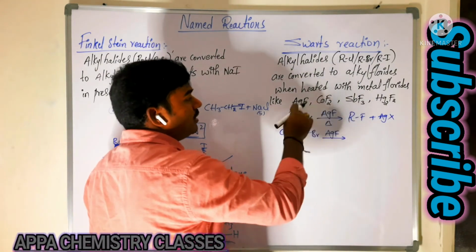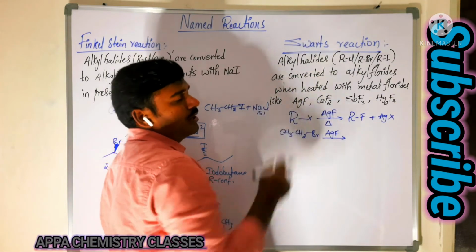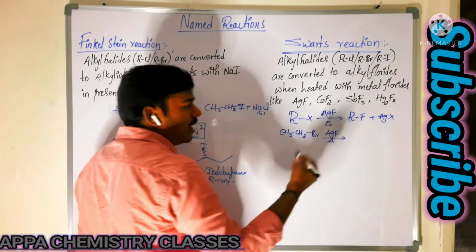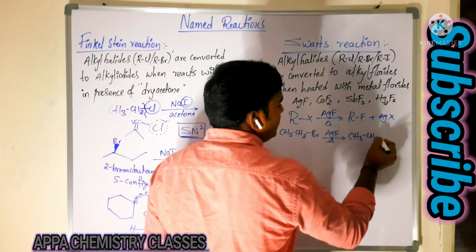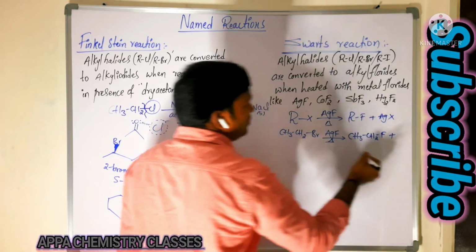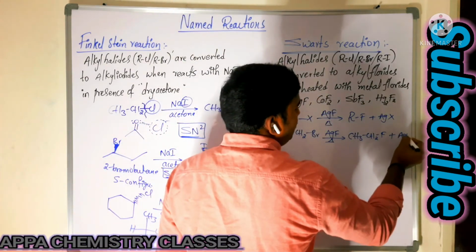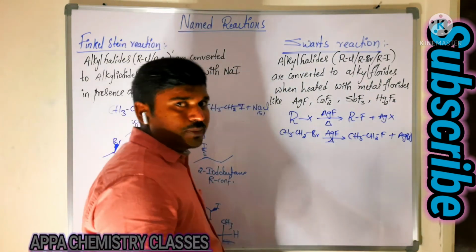By adding inorganic metal fluoride to the alkyl chloride, alkyl bromide or alkyl iodide, and upon heating, we are getting the alkyl fluorides. Generally, the preparation of alkyl fluoride is very difficult, so by using Swarts reaction we can prepare alkyl fluorides, and we are getting silver bromide as a light yellow colored precipitate.